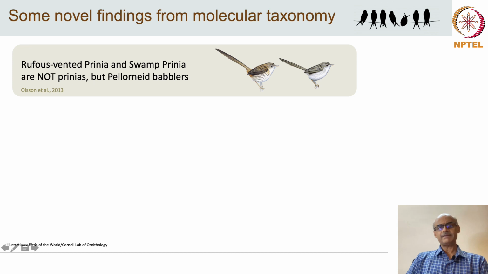They were found to be actually not Prinias, though they look exactly like other Prinias and behave like Prinias, but they were found to be babblers, belonging to what we call the ground babblers of the family Pellorneidae. In fact, they were much closer to our puff-throated babbler, which is very common in the forests of peninsular India.